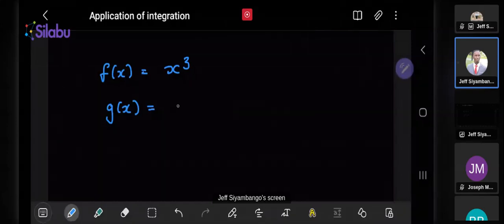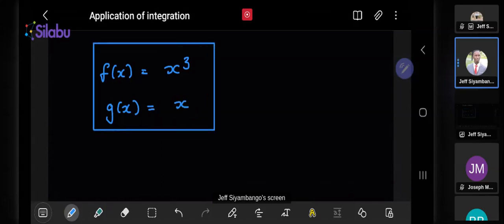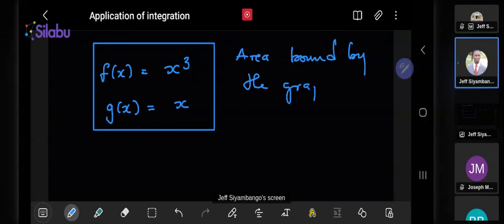So suppose you have these two functions, and then the question is, find the area bound by the two graphs.